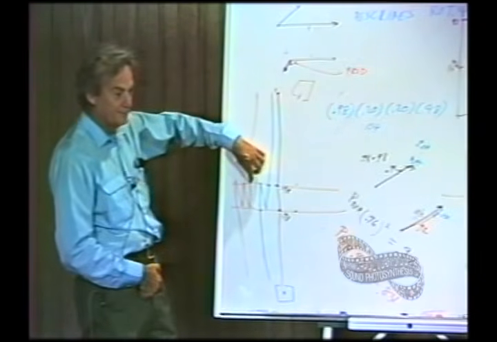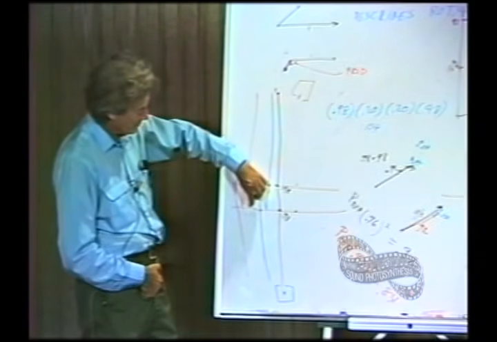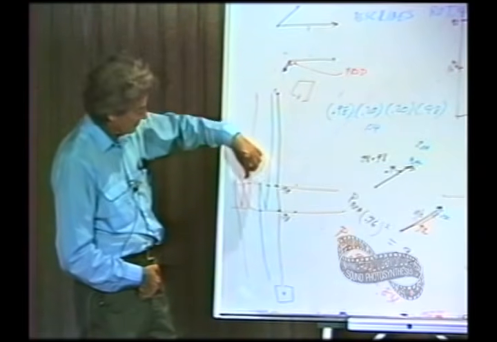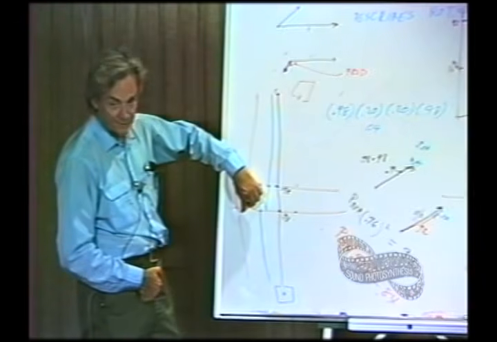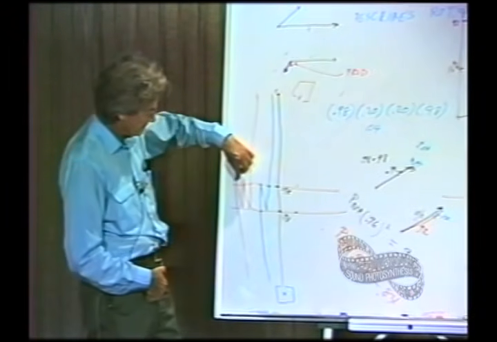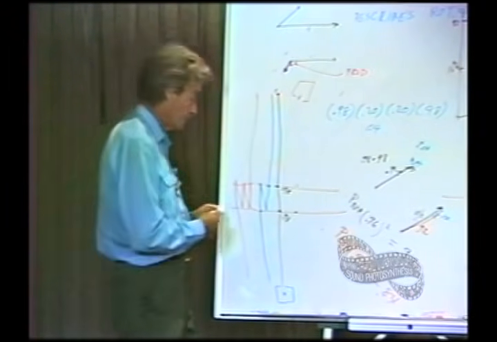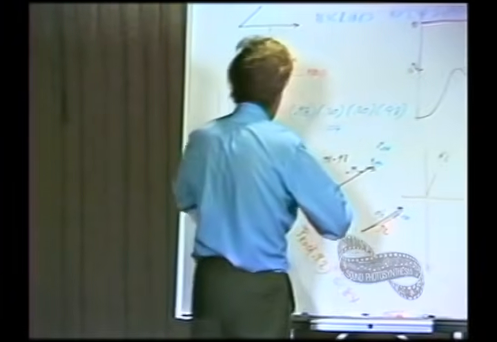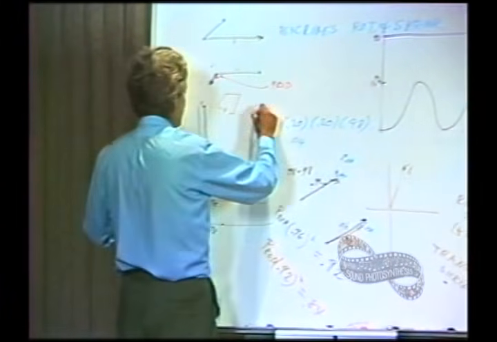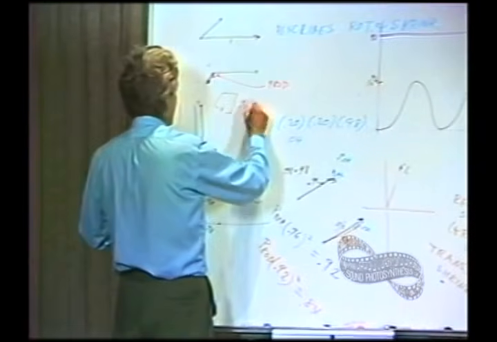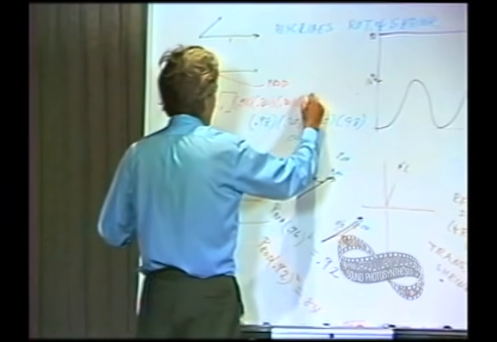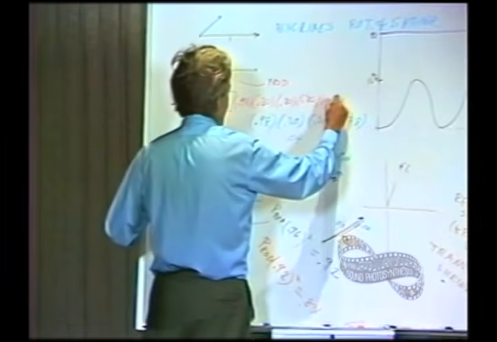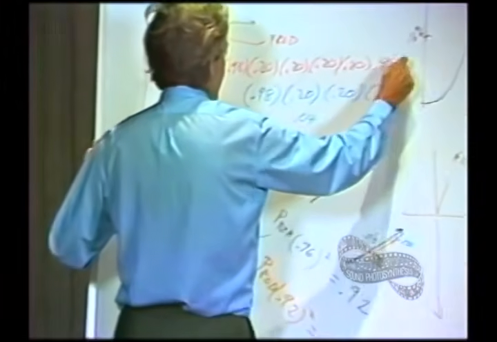Shrunk by 98, shrunk by 20%, shrunk by 20%, shrunk by 20%, shrunk by 20%, shrunk by 98. Therefore, the size of this one, writing in red for the red case, is 98 by 20 by 20 by 20 by 20 by 98.